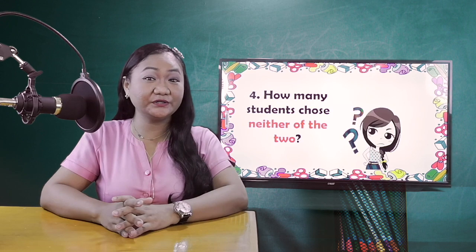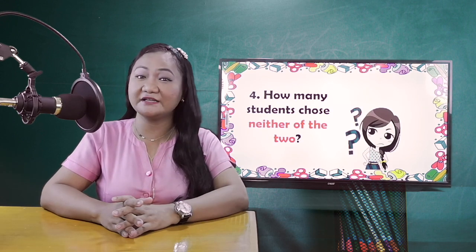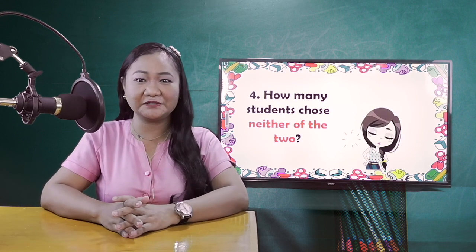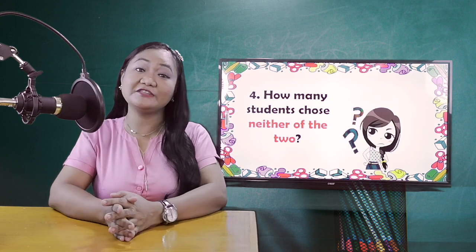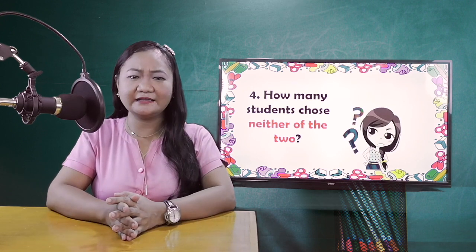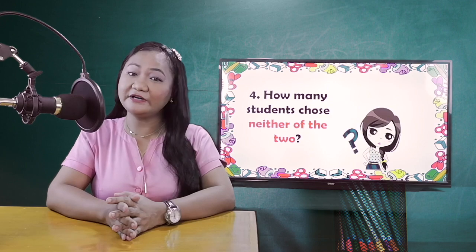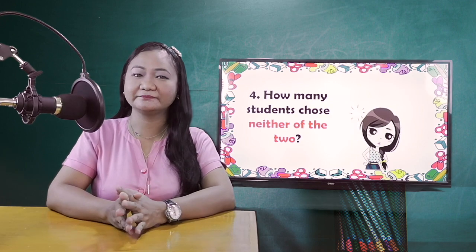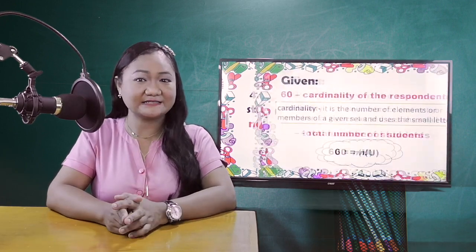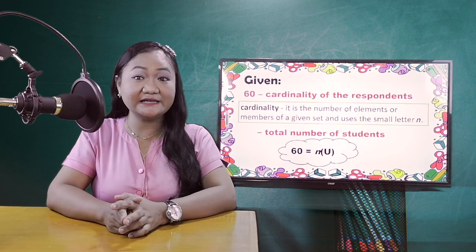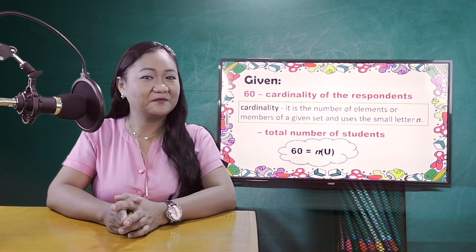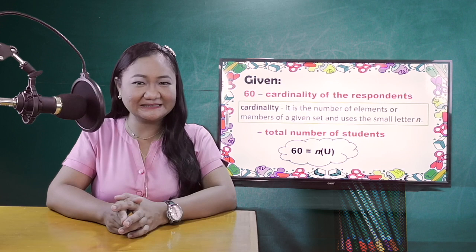In solving a worded problem, it is very important that we analyze the problem carefully before answering. To do that, let's start by identifying the given data or information in the problem. One given data is 60, which is the cardinality of the respondents. Remember what cardinality means?